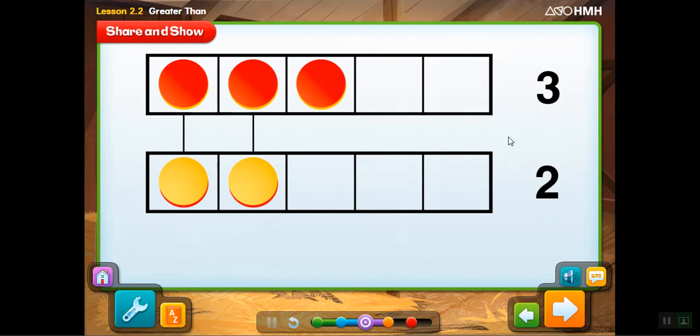Remember, we want to pick the set that has more. I'm going to pick 3 because I can see in my 5 frames that 3 is more than just 2. This one doesn't have a match, which tells me this set is greater. Good job! 3 is greater than 2.